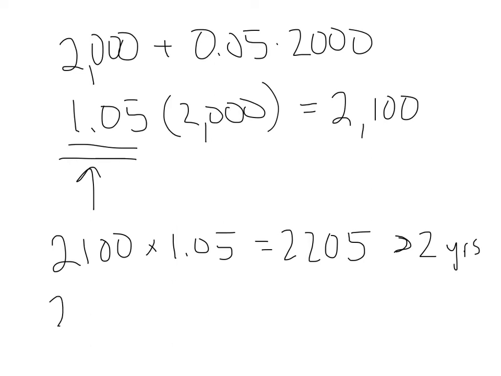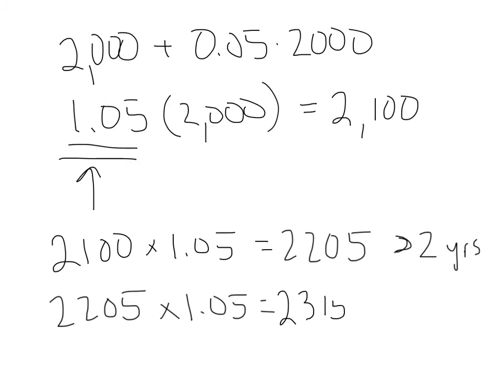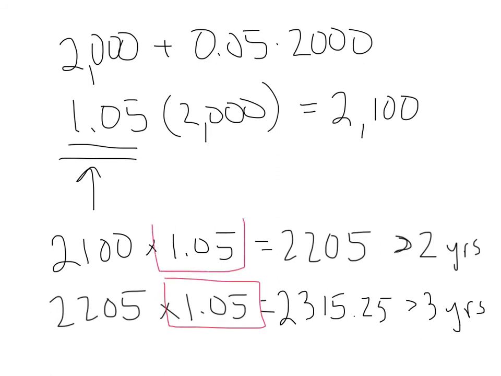And then we can take 2,205 and multiply that by 1.05, and we can get $2,315.25, which again is what we got after 3 years. In other words, you can just keep multiplying by 1.05 as many times as you get to collect your 5% interest.